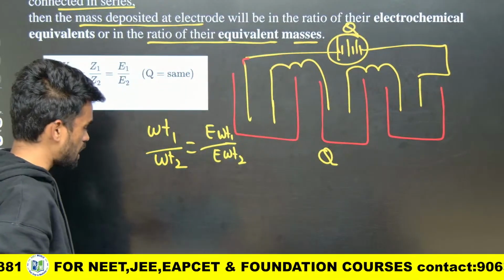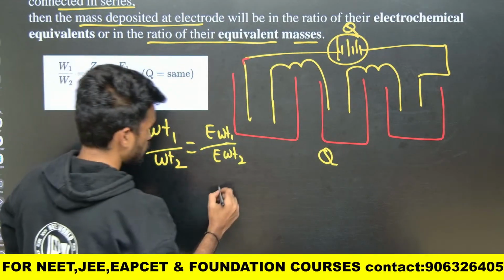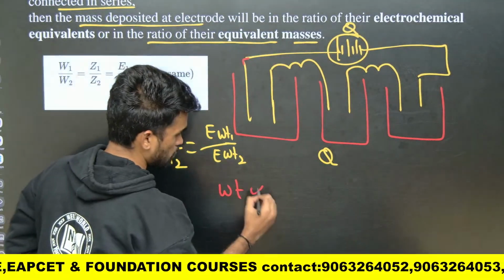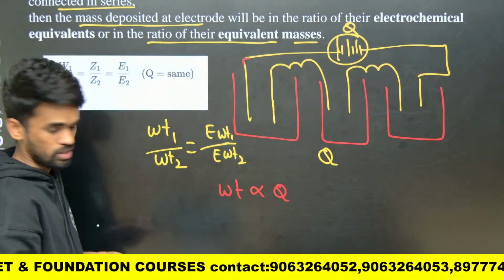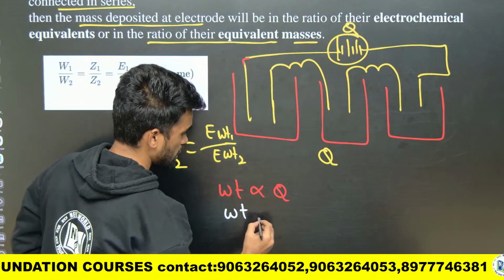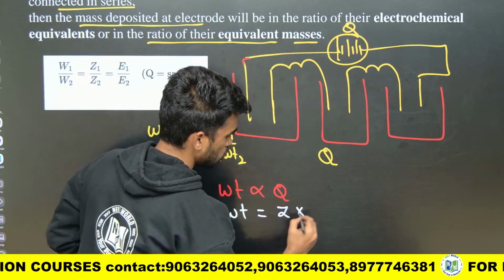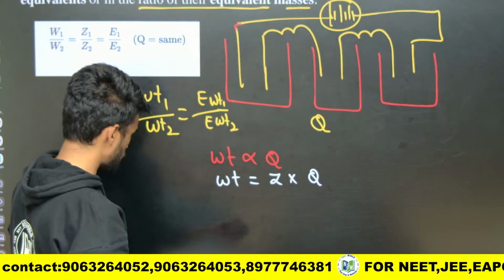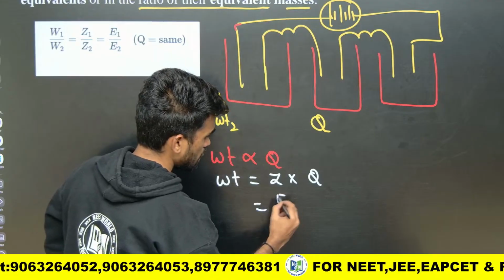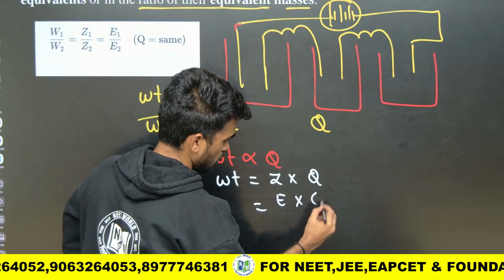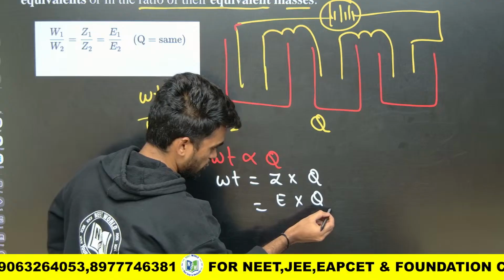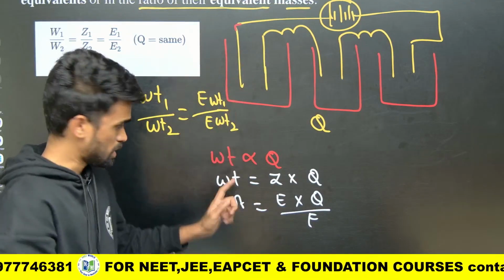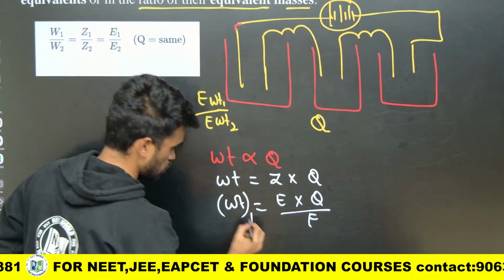What is Faraday's first law? Weight is directly proportional to charge. From this we can write weight equals Z into Q, where Z means equivalent weight by F, E by F. This is for electrolytic solution 1.